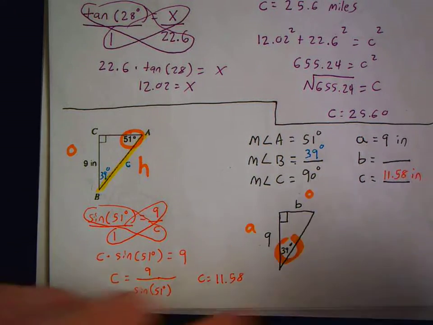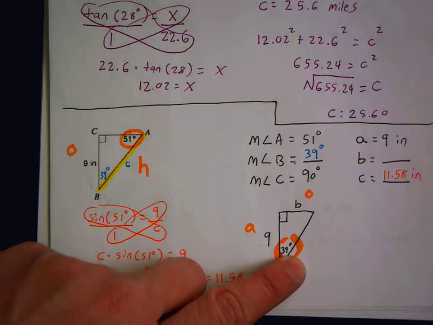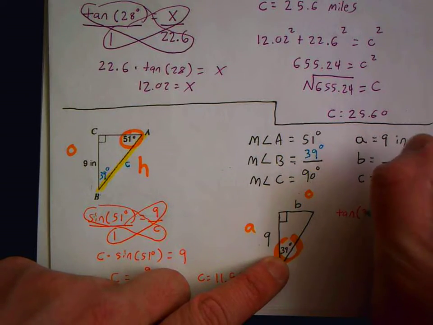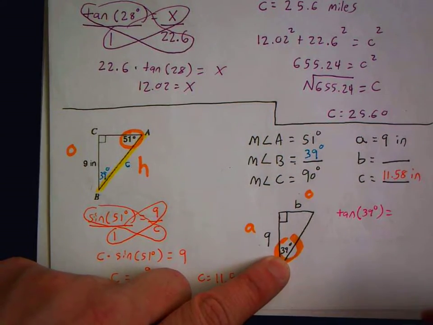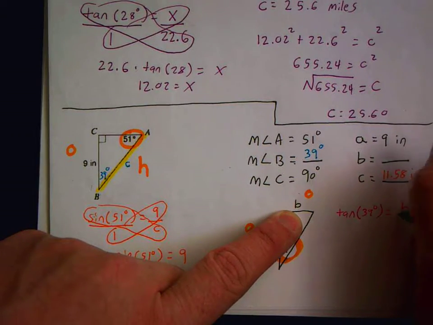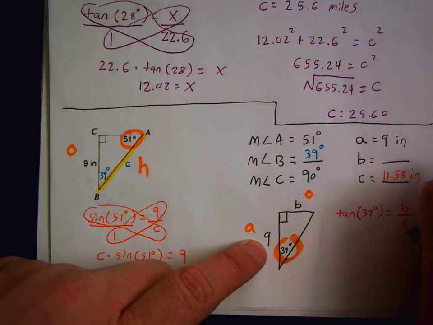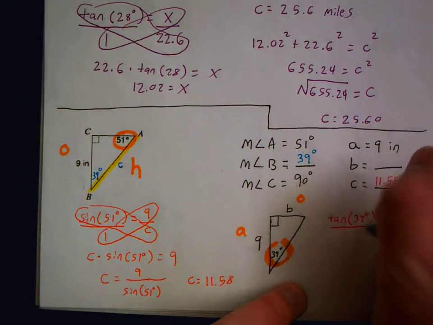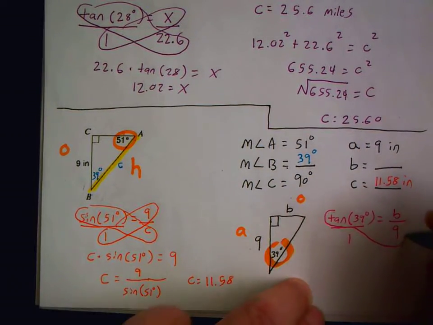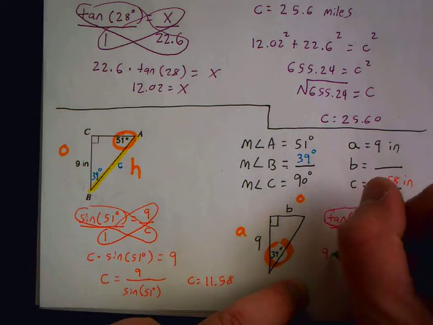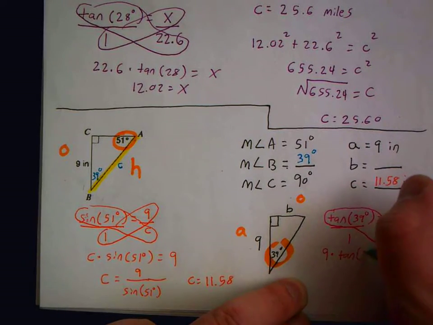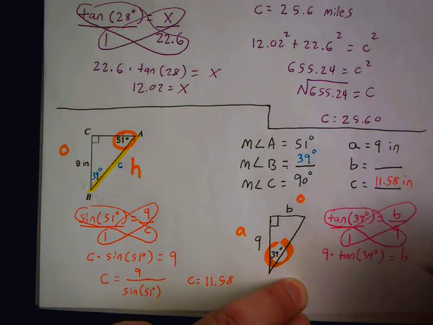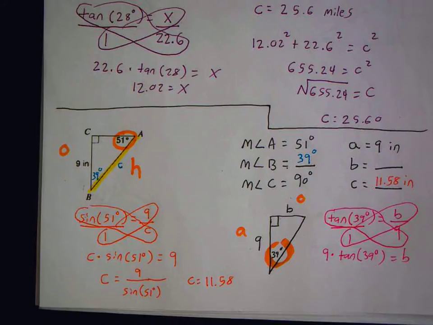TOA, tan. So the tan of 39 degrees equals O, which I labeled as B, over A, which is 9. Cross multiply, or however you like to do this. You don't have to cross multiply. You get 9 times tan of 39 equals B. Type that in your calculator.